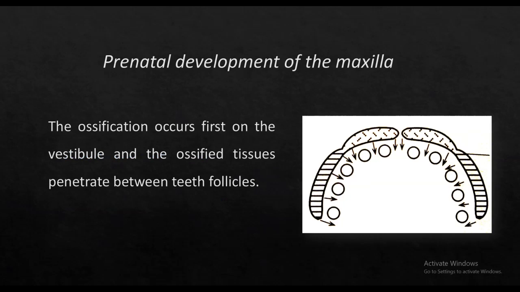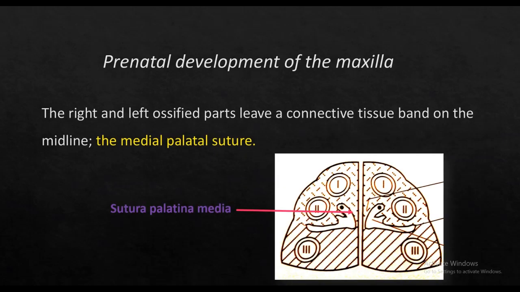The ossification occurs first on the vestibule, and the ossified tissues penetrate between the teeth follicles. The right and left ossified parts leave a connective tissue band on the midline, the medial palatal suture.